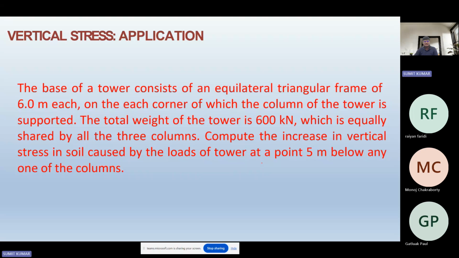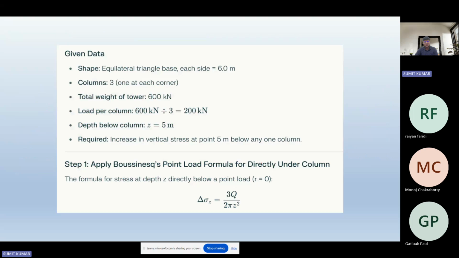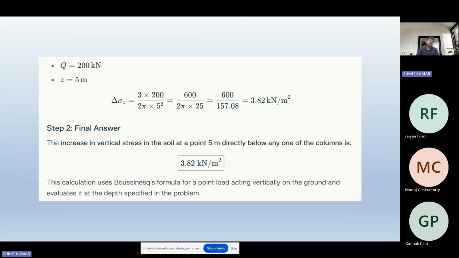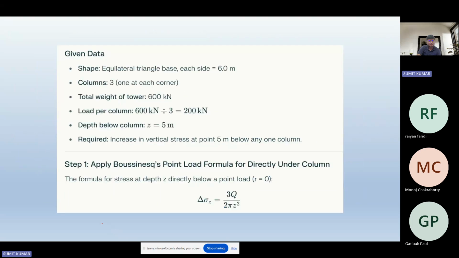I feel that something is missing in this problem. This is calculated below one of the columns, but we also need to calculate the stress developed due to the influence of the 200 kilonewton load of the two other columns. The problem is like this.